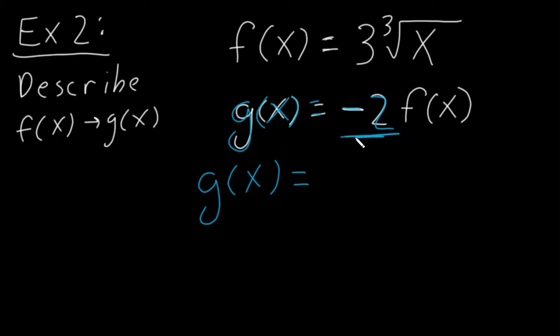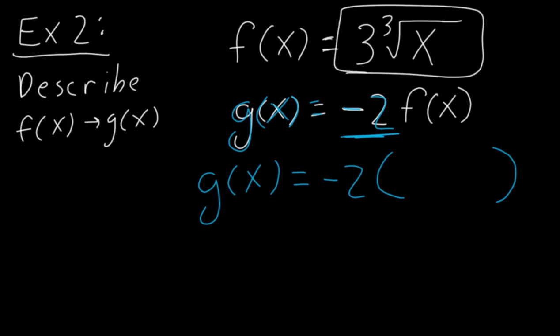Now notice, we're multiplying the entire function of f of x by negative 2, which brings us to the question, what is f of x? And switching back to white, we know that our f of x is everything that we see right here, this 3 cubic roots of x.